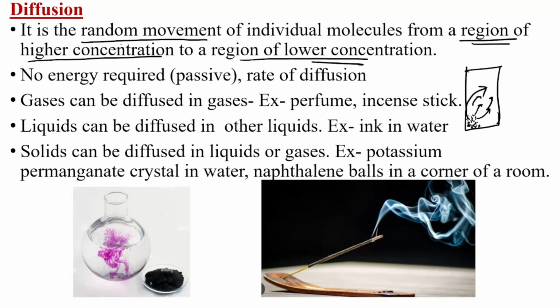This process where there is random movement of molecules from a region of higher concentration to a region of lower concentration is called diffusion. And this occurs along the concentration gradient. Along means from higher concentration to lower concentration. Now just tell me, if there is a hill and you are present somewhere here, you need to climb down the hill from A to B. Do you require energy?